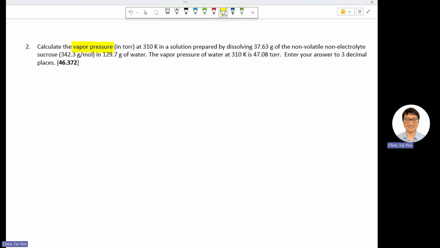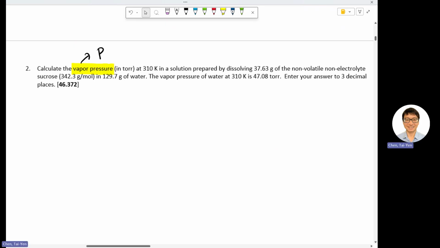So when we talked about vapor pressure in the beginning of this lecture, how do you calculate that? The pressure is going to equal the mole fraction of your solvent times the vapor pressure of the pure solvent.